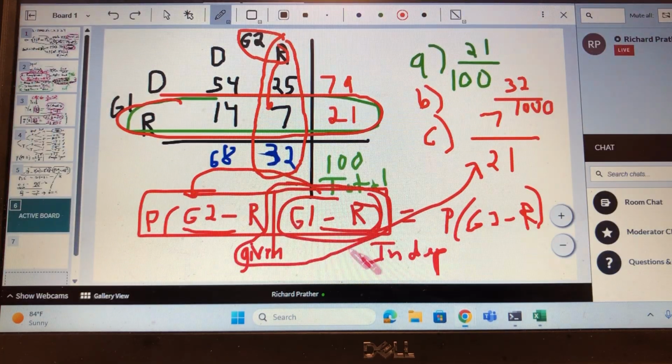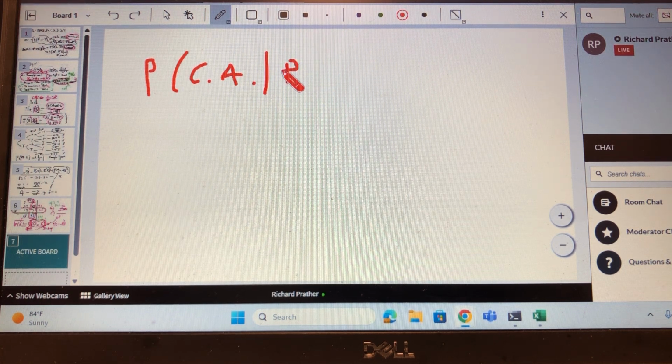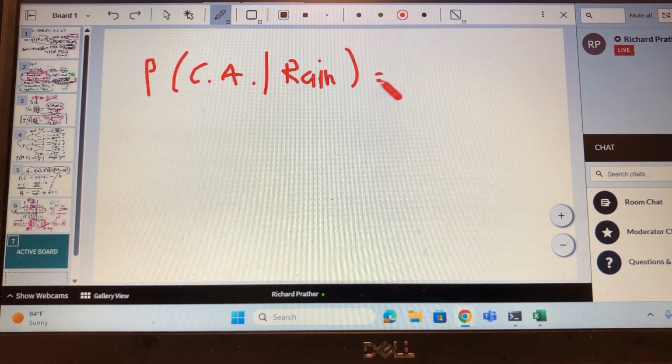Here's a good example of this too. What's the probability that you get in a car accident, given that it's raining outside? Do you think that's the same as just being in a car accident on a day where it's not raining, just a random day?